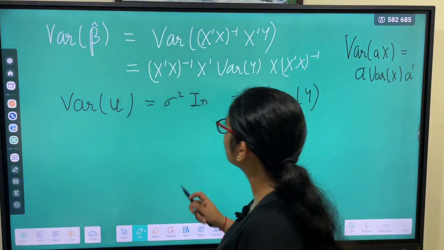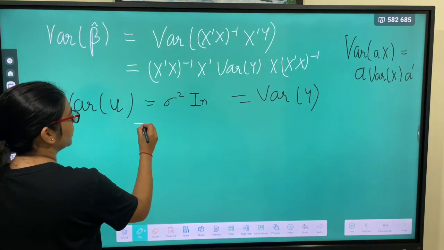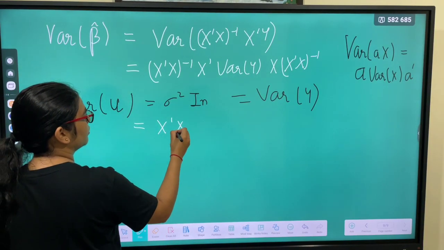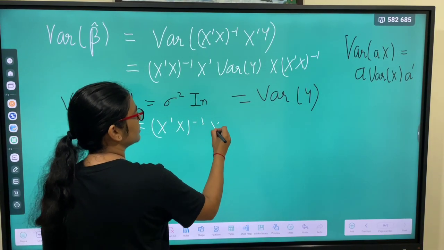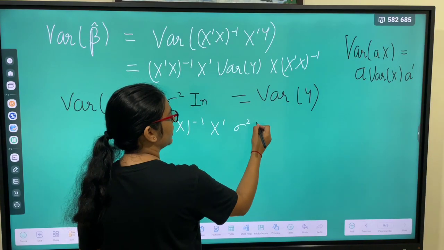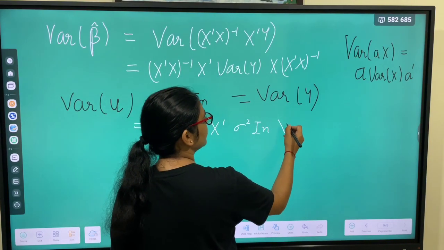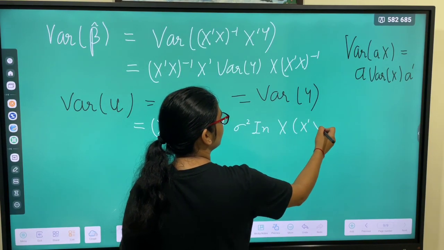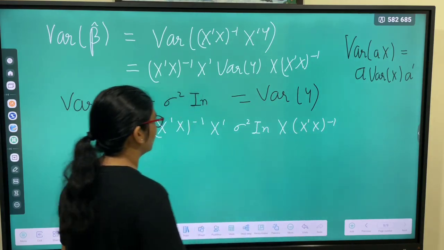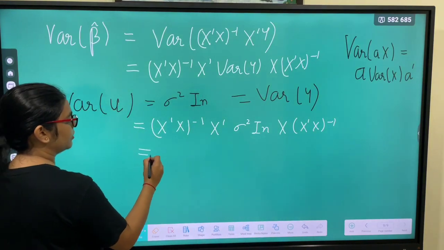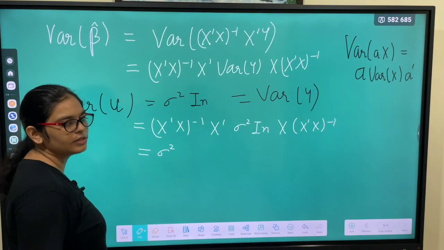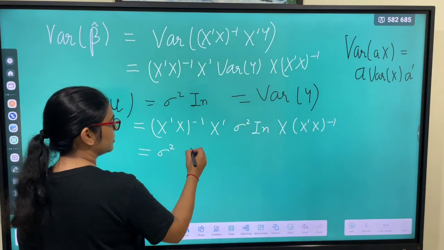So substituting this in the above equation, we will get x dash x inverse x dash sigma square I n x x dash x inverse. Now taking the common term outside, sigma square I n gets dissolved because it is the identity matrix.